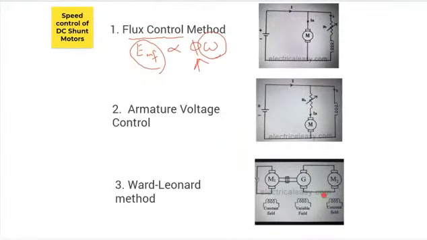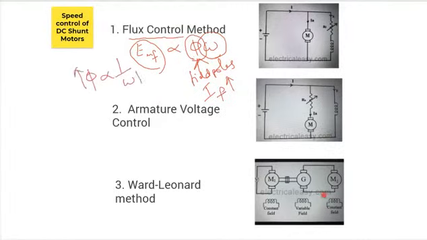So what is flux? Flux is actually the product of your field poles, right? So how can you control your flux? By varying the field current, IF. When you vary your field current, you can vary your flux. So flux will control your speed. When you increase your flux, your speed will decrease.